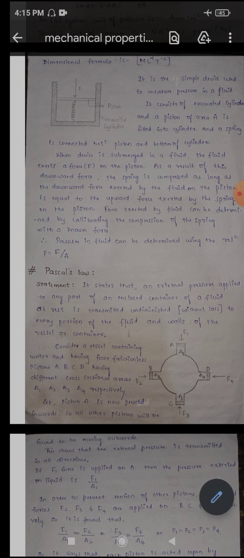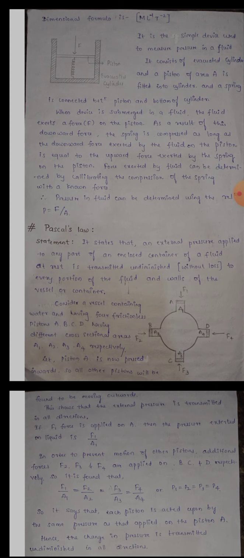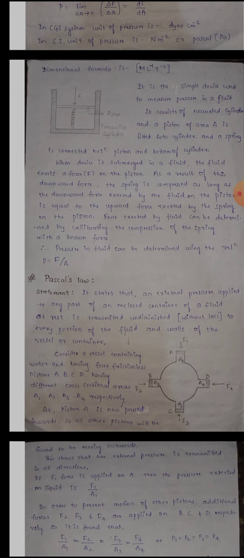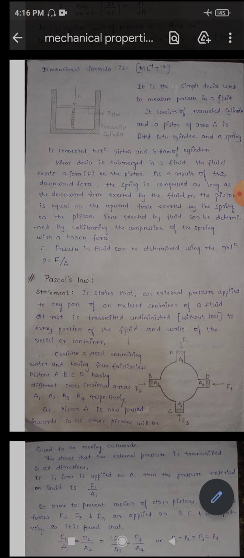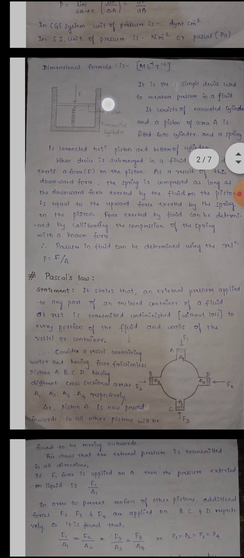When this device is submerged in a fluid, the fluid starts to enter, and when the fluid applies a certain force in the downward direction on the piston, the piston starts to move downward.